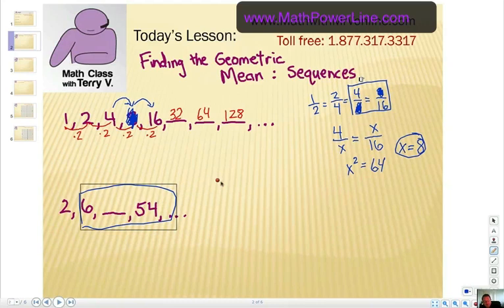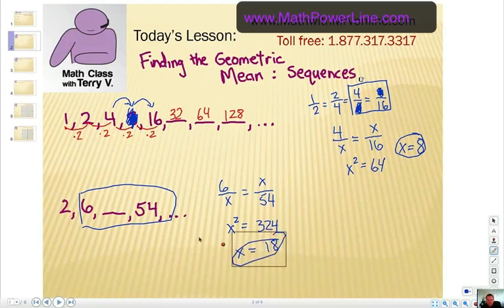The easy way is to write a proportion. So I'm going to say the geometric mean between 6 and 54 creates this proportion. I'm going to cross multiply. 6 times 54 is 324. Now if I take the square root of both sides, that would give me 18.